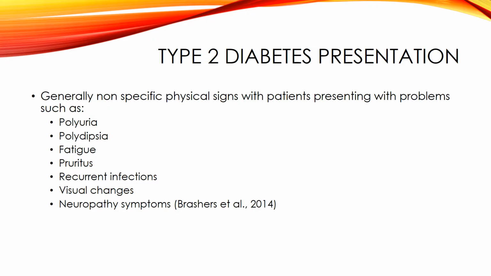Type 2 diabetes generally presents with nonspecific physical signs such as polyuria, polydipsia, fatigue, pruritus, recurrent infections, visual changes, and symptoms of neuropathy.